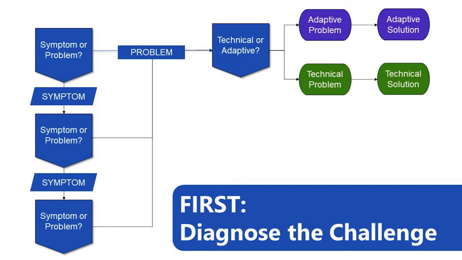So again, in implementation situations, we ask first, is this a symptom or a problem? When we get to the problem stage, we start saying, is it technical or is it adaptive? And if it's technical, we apply a technical solution. If it's adaptive, we apply an adaptive solution. So say, for example, you're doing an implementation project and you're starting to sense that the staff are not buying into the change, or maybe the mid-level supervision is not buying into the change.